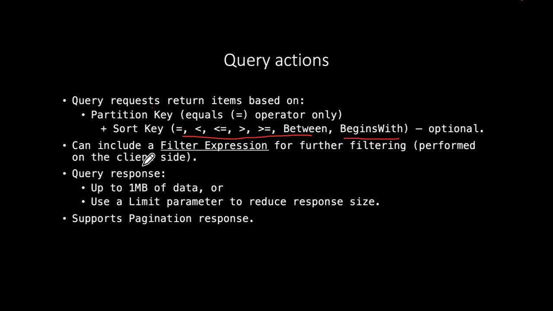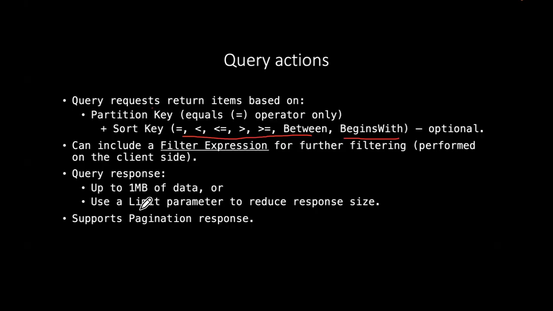Query responses. Oddly enough, you're only limited to 1 MB response size. So if it goes over 1 MB, you have to do some thinking. If you know it's going to be more than 1 MB, then you can specify in the query request to limit the number of items that are returned back to your Lambda function, returned back to the client actually.